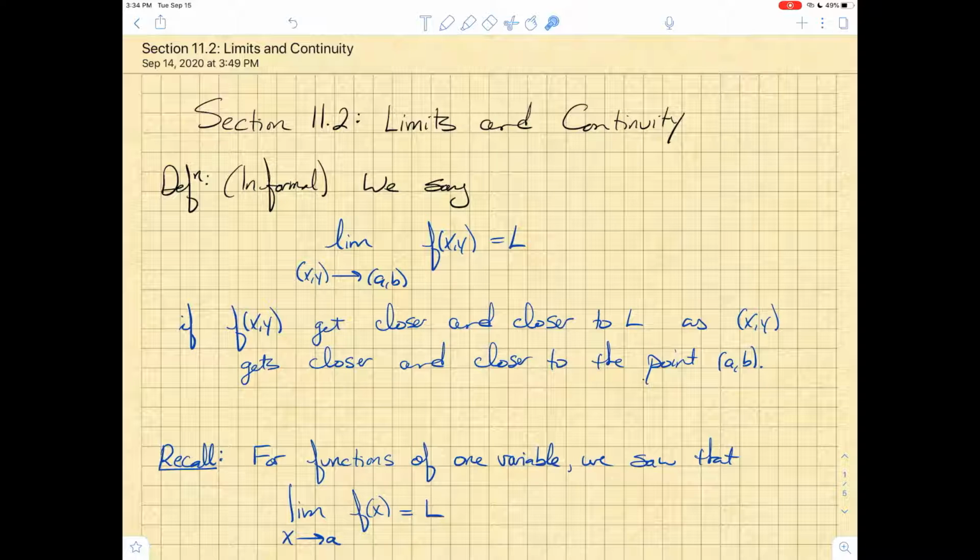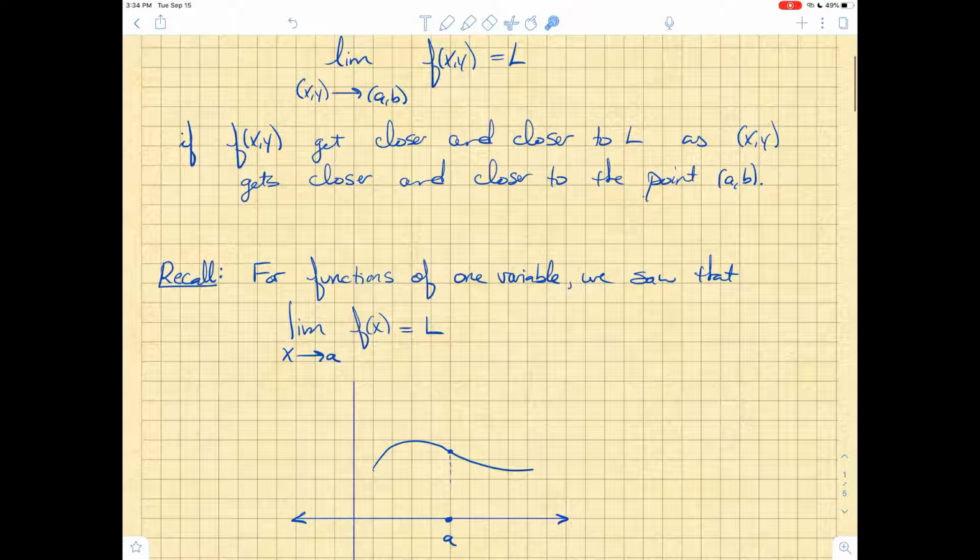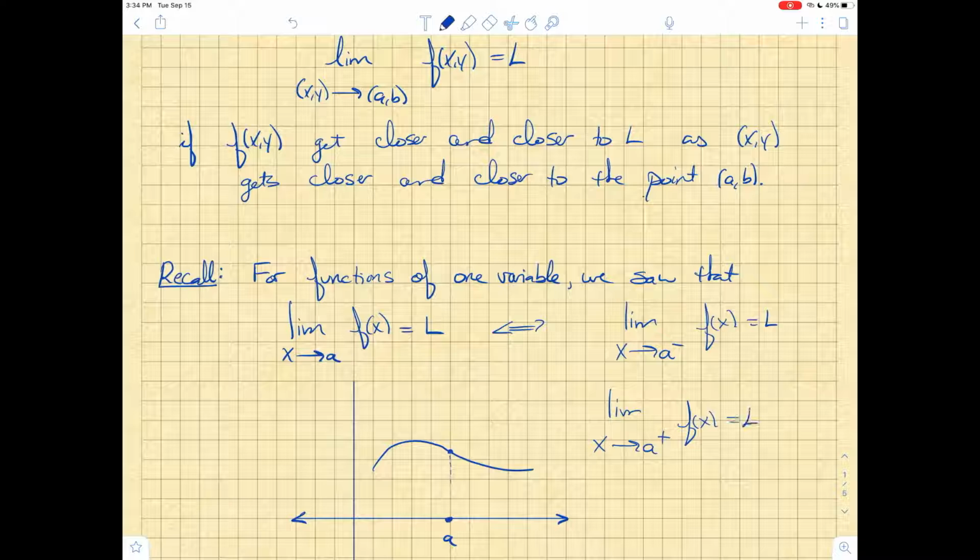For now, though, I want to remind you that for functions of one variable, we saw back in Calc 1 that the limit as x goes to a of f(x) is L if and only if two different limits hold. One was the limit as x goes to a from the right of f(x), that better be L. And the limit as x goes to a from the left of f(x) better be L as well.